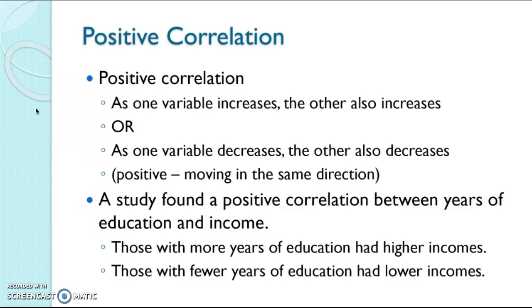So positive just means that they're moving in the same direction. For example, if you hear that a study found a positive correlation between years of education and income, that would indicate that the more years of education you have, the higher your income, but also the opposite. Fewer years of education, lower income.